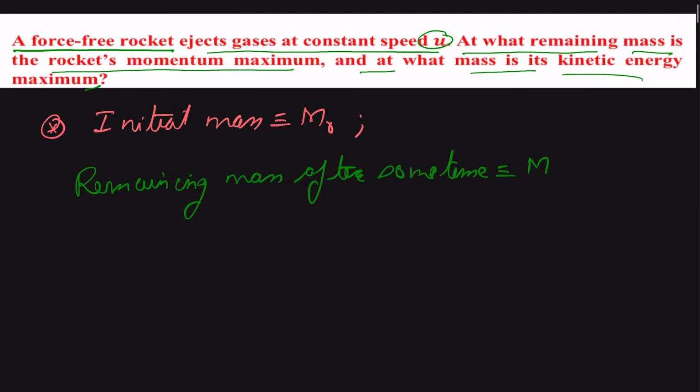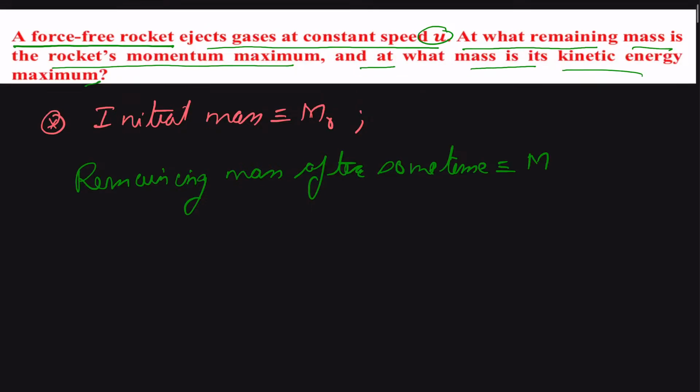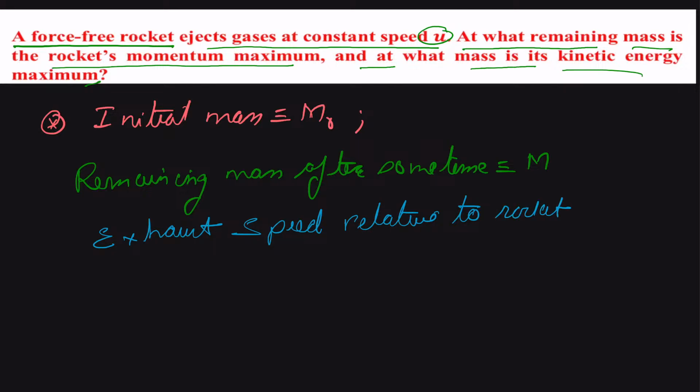Okay. So we can rewrite this, that exhaust speed relative to rocket is u. Okay. And it is given in the question there is no external force, that is a force free.